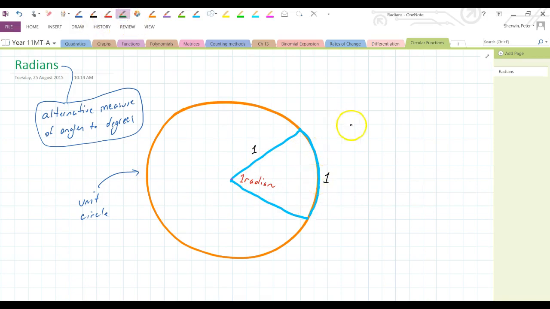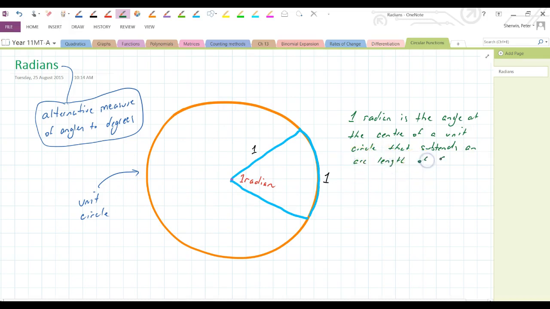Let's write that down. 1 radian is the angle at the center of a unit circle that subtends an arc length of 1 unit.